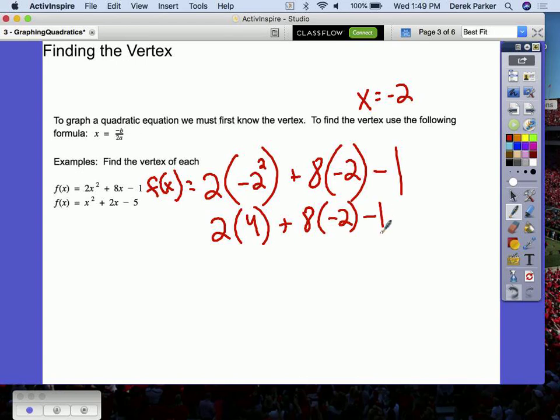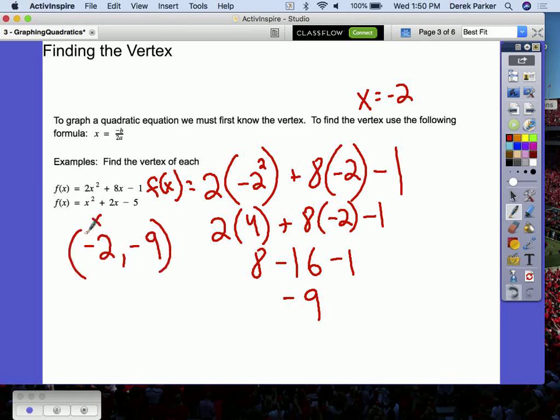Order of operations, multiply next. 8 minus 16 minus 1. Combine all 8, 16, and 1, and I get -9. So the vertex is (-2, -9), where the x value is -2 and the y value is -9. Now, once you do this, you can graph the equation.